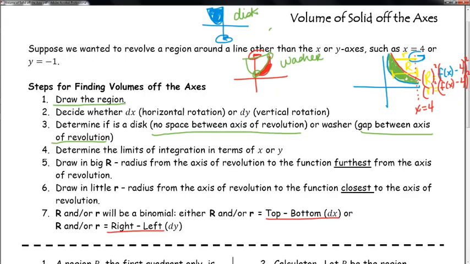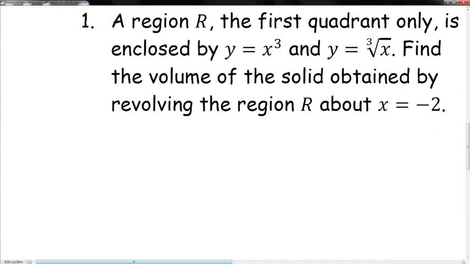All right, number 1, a region R, in the first quadrant only, is enclosed by y equals x to the third and y equals the cube root of x. Find the volume of the solid obtained by revolving the region R about x equals -2. So let's get a picture first.